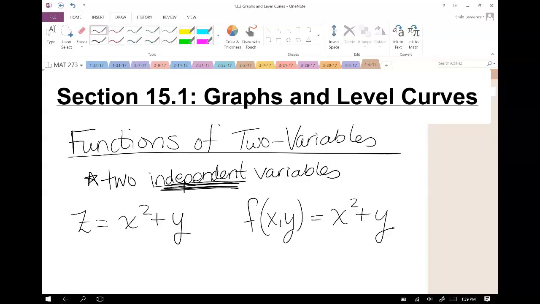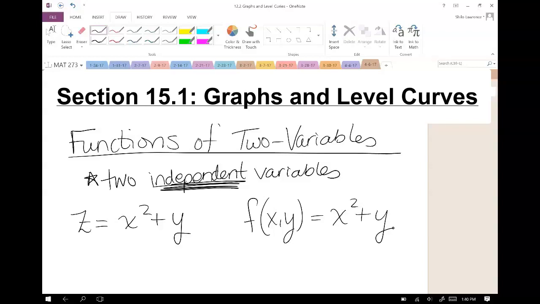We can name it f. We can really name it anything we want. We use f just because it's the first letter of function. And then after the name, in the parentheses, we say what the independent variable is. So for functions of two variables, there are two independent variables. So we have x and y in the parentheses next to the name of the function.